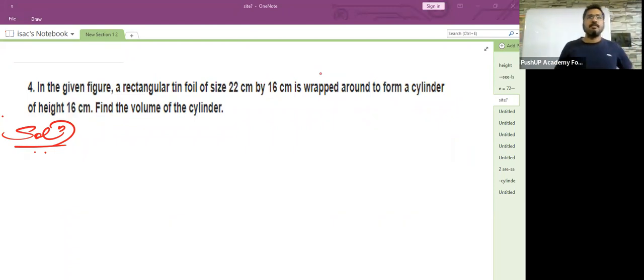Salim, did you solve it? Loga, show me your book. I asked you to draw the figure, right? You draw this figure.